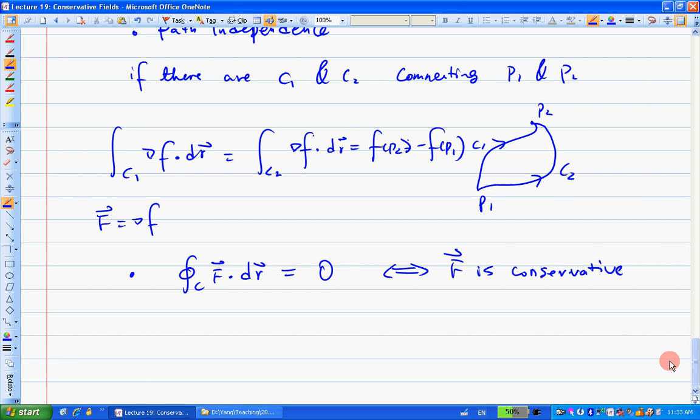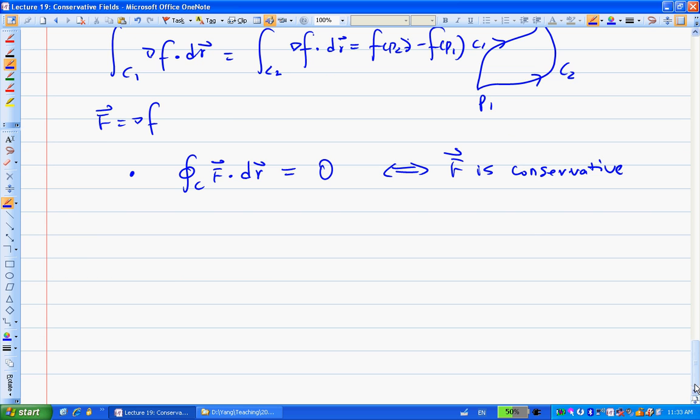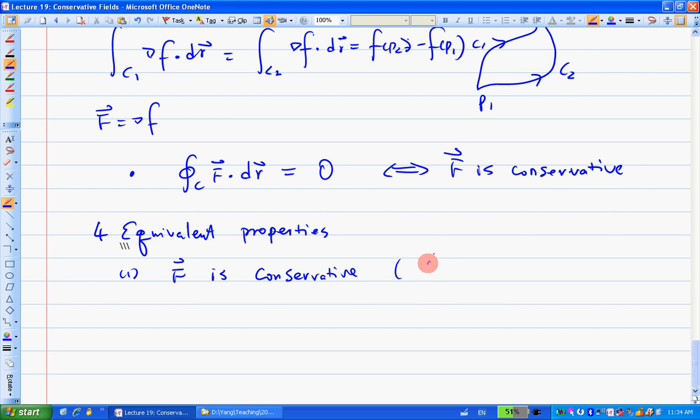Now I can summarize a little before we move on, some of the important facts. We have 4 equivalent properties. Number 1: F is conservative. When we say F is conservative, the first thing that jumps to mind is this closed loop, where the line integral should be 0.